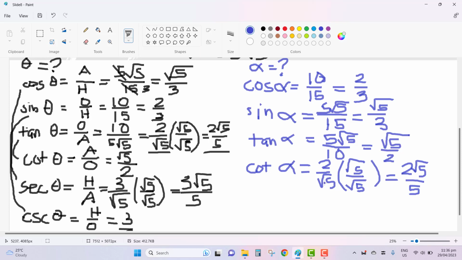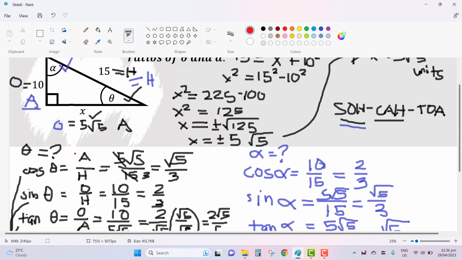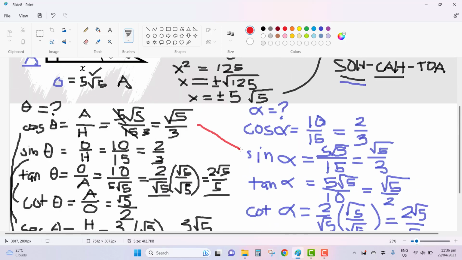Before we proceed to secant and cosecant, I would like you to bring your attention to this scenario. Look at what happened to cosine theta and sine alpha. They have the same value. Your sine theta of 2/3 is your cosine alpha 2/3.